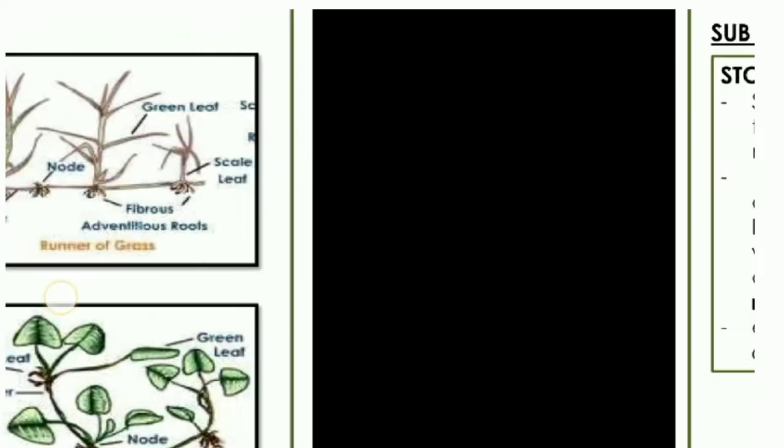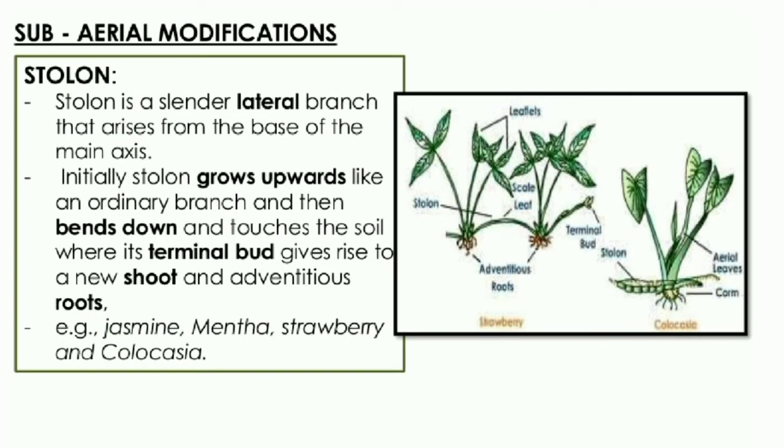Moving on to the next example, that is a stolon. A stolon is a slender lateral branch. A lateral branch means a branch which grows on the sides, that arises from the base of the main axis. This branch is called a stolon.